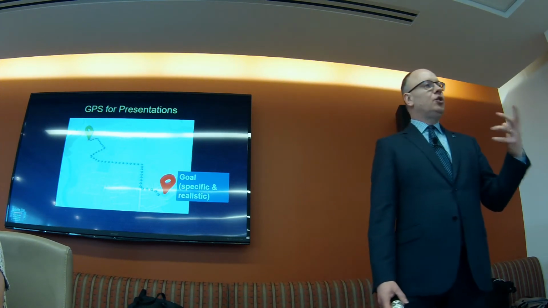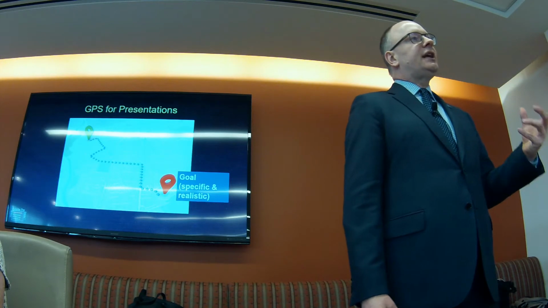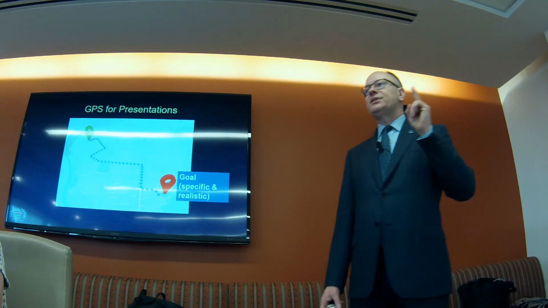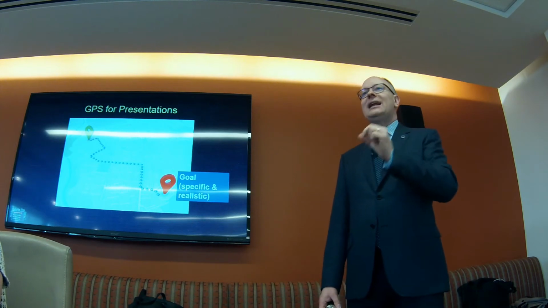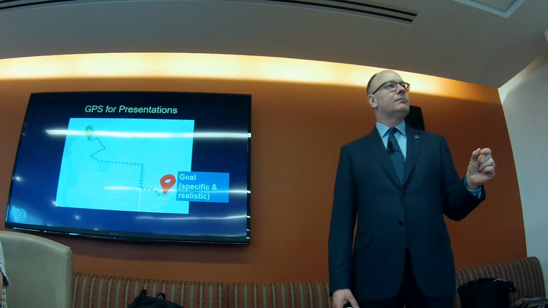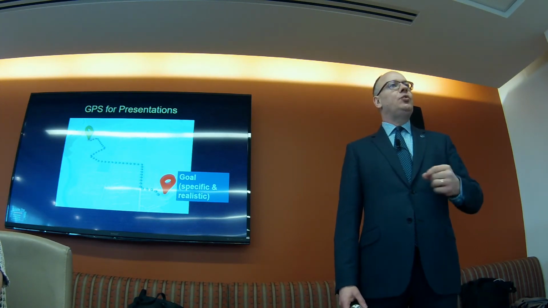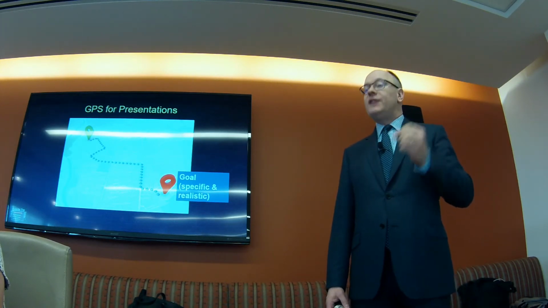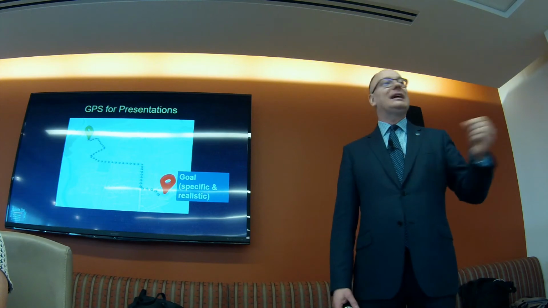Whenever I look at the goal of a presentation, I apply two tests to it. Test number one, is it specific? Meaning, can I measure it? If you cannot measure that you have reached the goal of your presentation, it's going to be very hard to get to that destination.